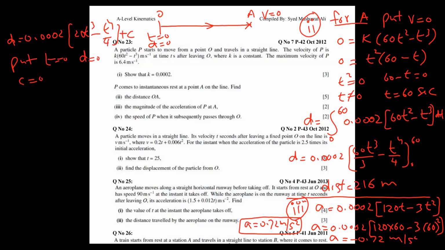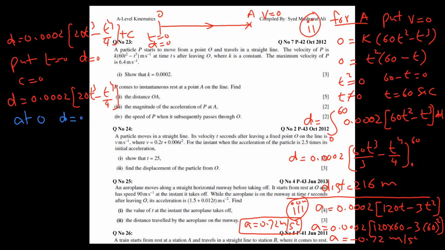So I got a pure expression for displacement: 0.0002 times 20t to the power 3 minus t to the power 4 over 4. Now he said that it passes the observer, and you know that at O the displacement must be equal to 0.